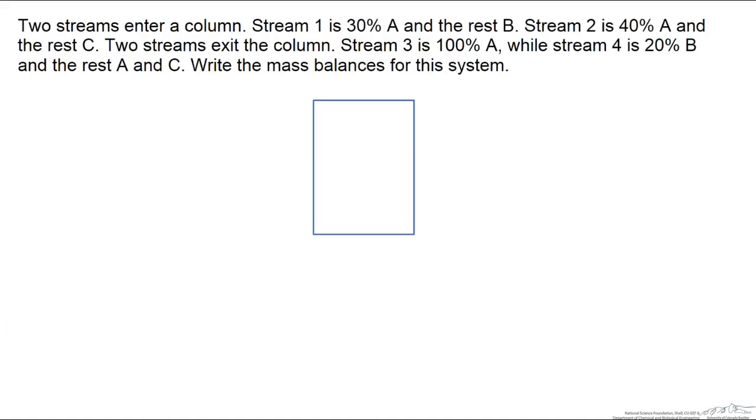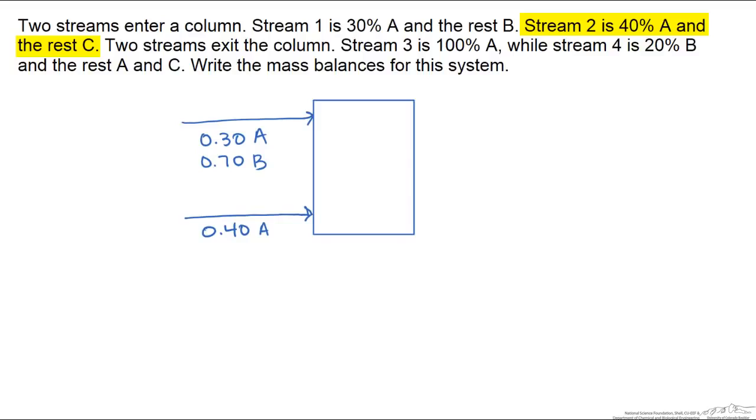We have two streams that enter a column. Our stream 1 is 30% A and the rest B. There's an example of solving for simple unknowns. Stream 2 is 40% A and the rest C. So two streams exit the column.